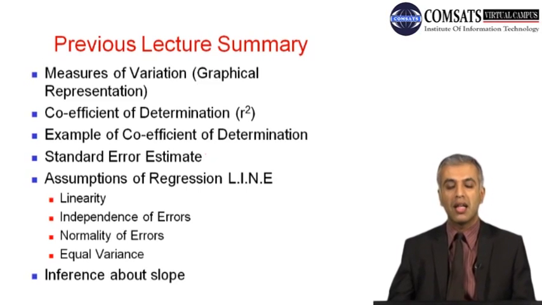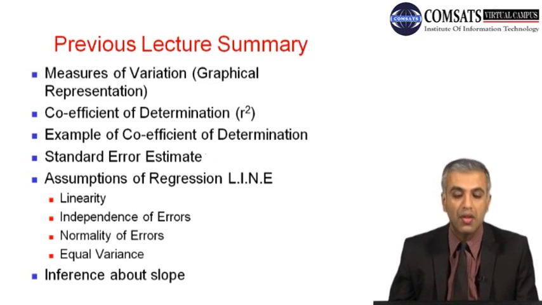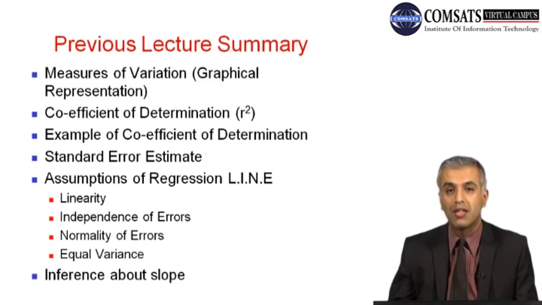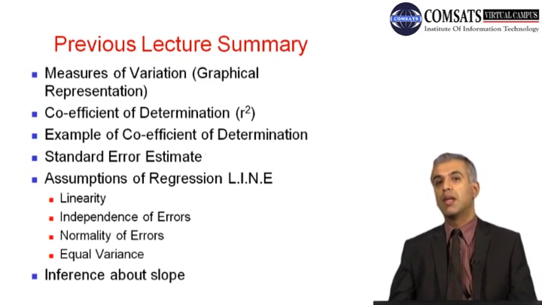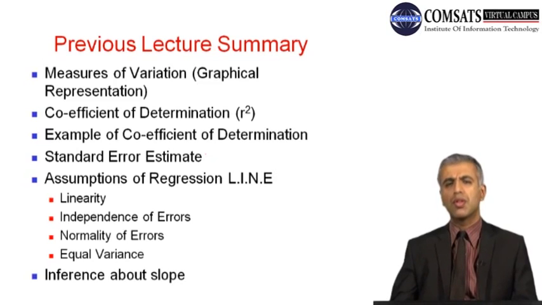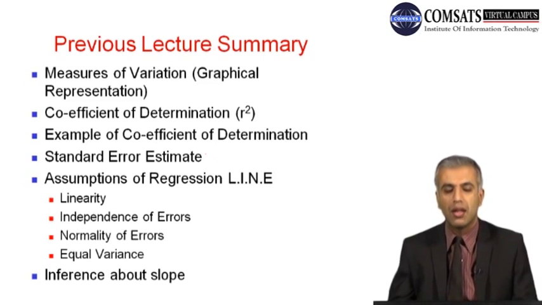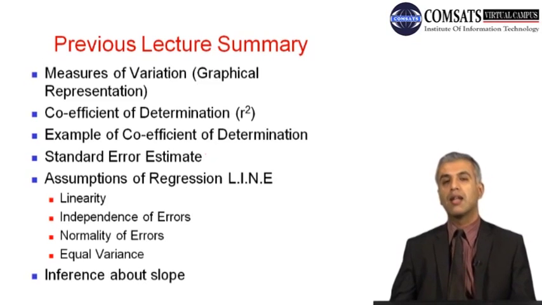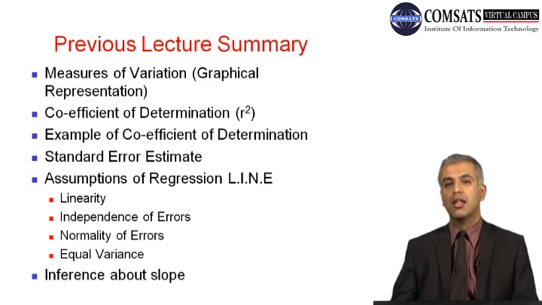Here we had the graphical representation of the same concept, and how we measure the explained variation and unexplained variation, denoted by SSR and SSE. SSR is the sum of squares for regression, which is the explained variation, and then we had the sum of squares for errors, which was the unexplained variation.